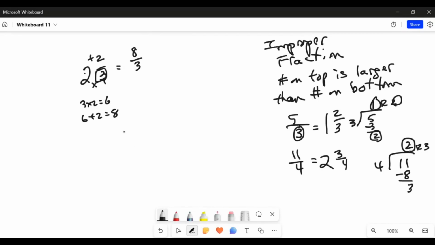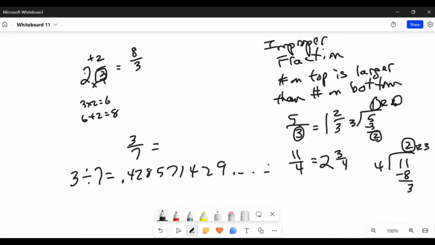If you're going to change a fraction into a decimal, 3/7, you punch in your calculator 3 divided by 7. And you get 0.4285714..., and that probably keeps going.